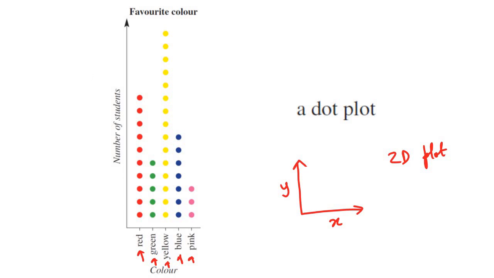Note that there are no markings on the y-axis, just written that this is the number of students. In this dot plot, each dot represents a number.